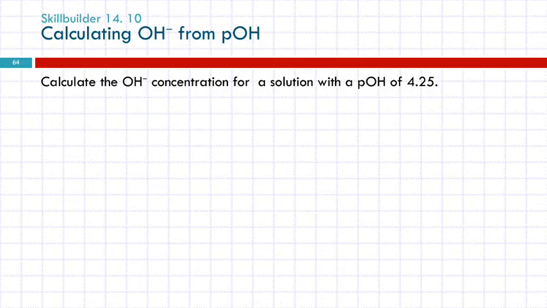So let me show you what I call the circle of pH. So there's relationships between all of these different things. So if we put pH at the top here, from pH we can calculate the hydronium ion concentration.